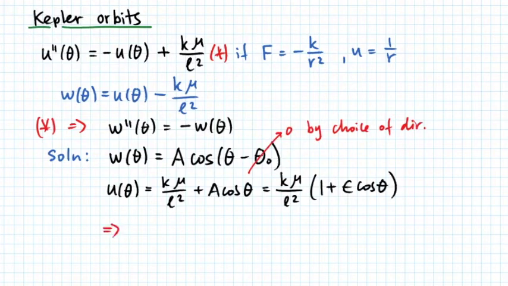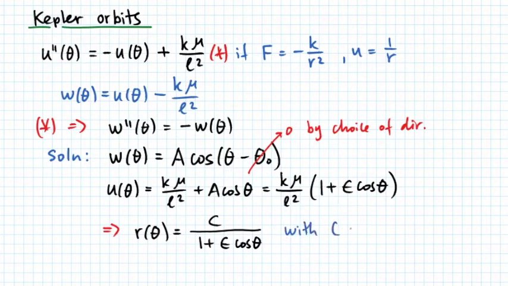Now we can invert u and find r to be some constant c divided by 1 plus epsilon cosine theta, where the constant c is simply L squared divided by k mu.